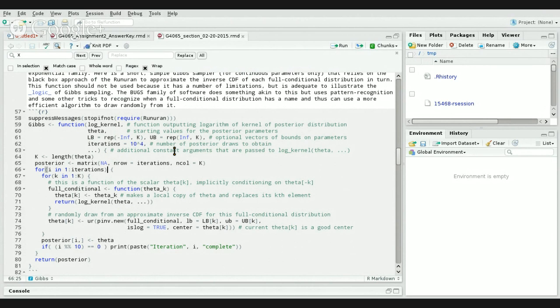So then we just set up a matrix to hold the draws that we're going to obtain. We iterate for that number of draws, and we iterate over each of the big K parameters. Each time inside the inner loop, we're going to define a full conditional probability kernel. So that's going to only depend on the kth, little kth value of theta.